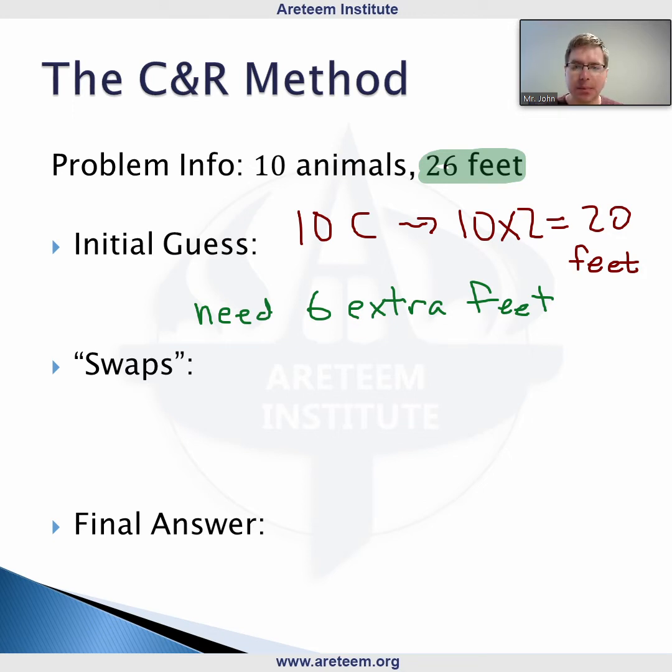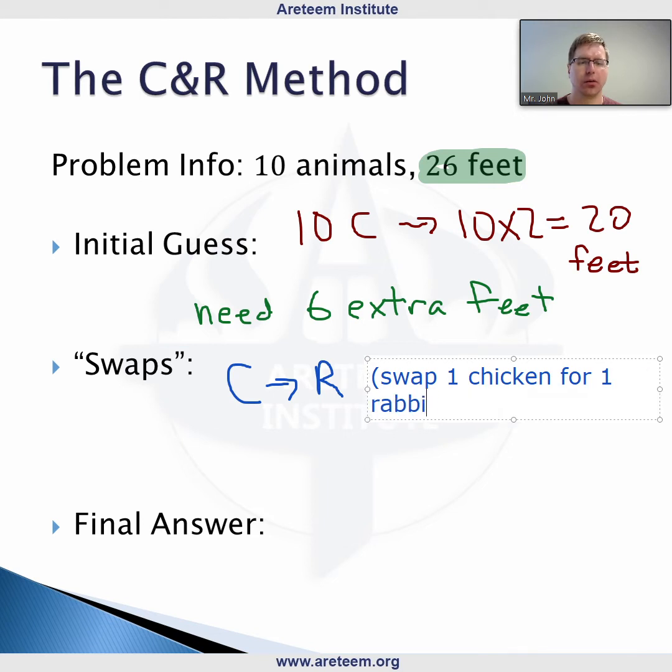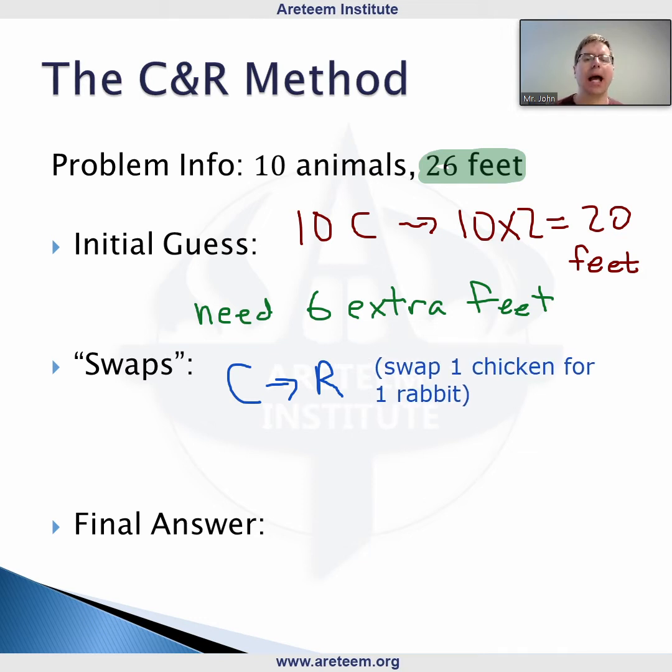So the swap stage is what happens if we change a chicken into a rabbit. We swap one chicken for one rabbit, and we want to understand what happens in that scenario. What happens if we swap a chicken for a rabbit?